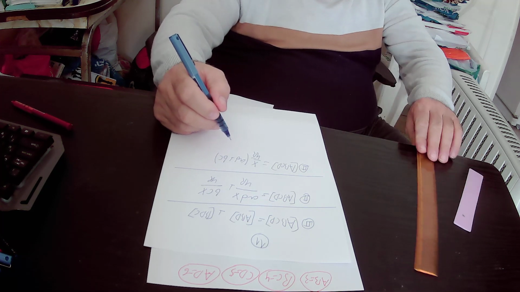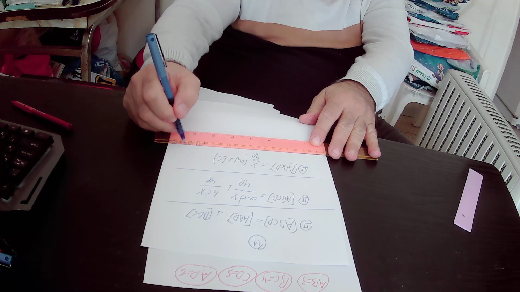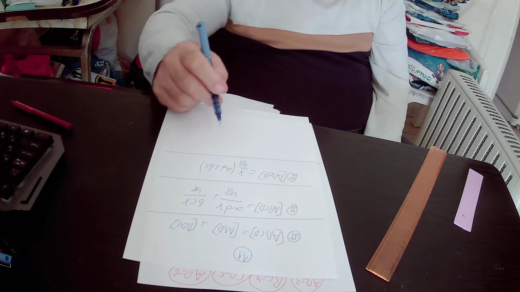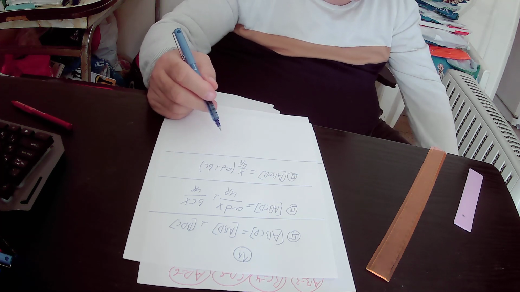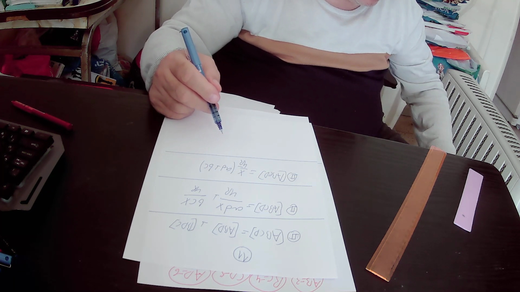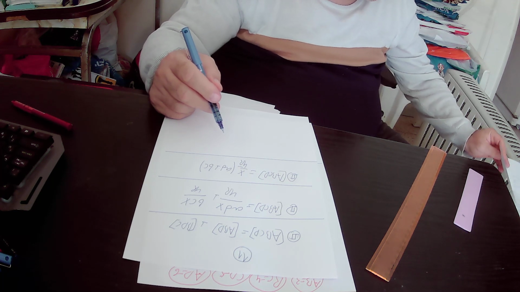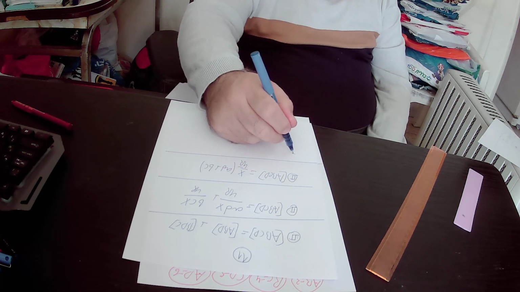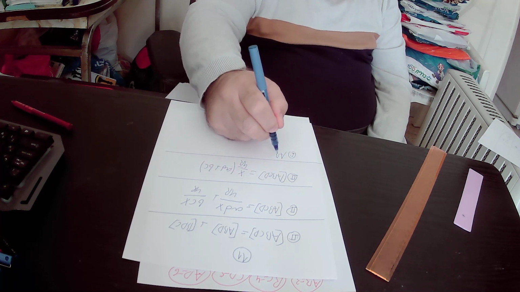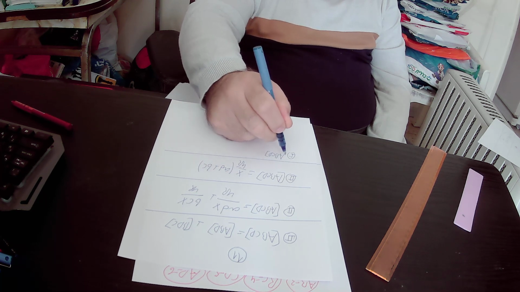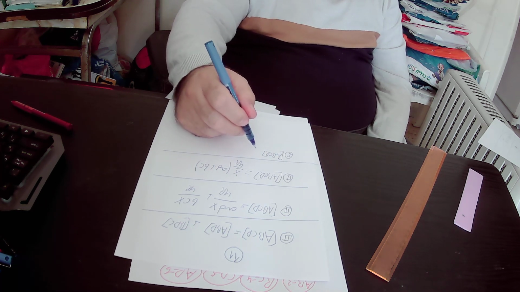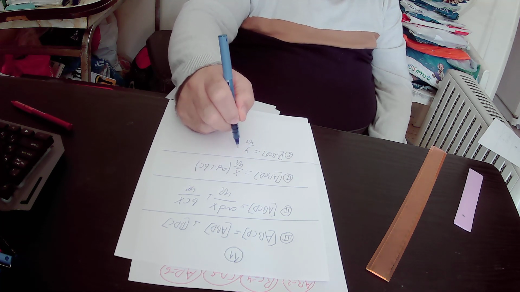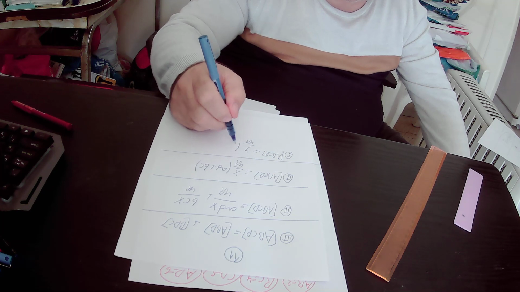So according to equation number 2, the area of quadrilateral ABCD equals x over 4R times (AD plus BC). But according to equation number 1, it equals y over 4R times (AB plus CD).